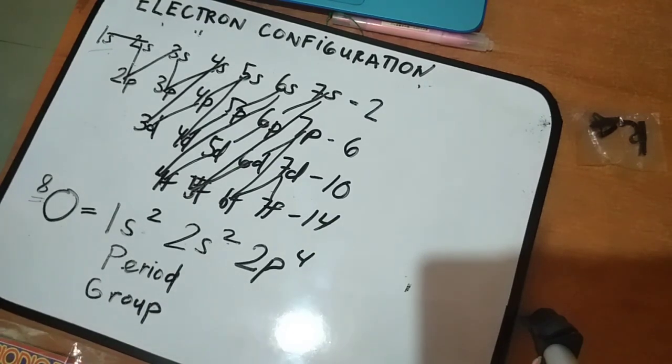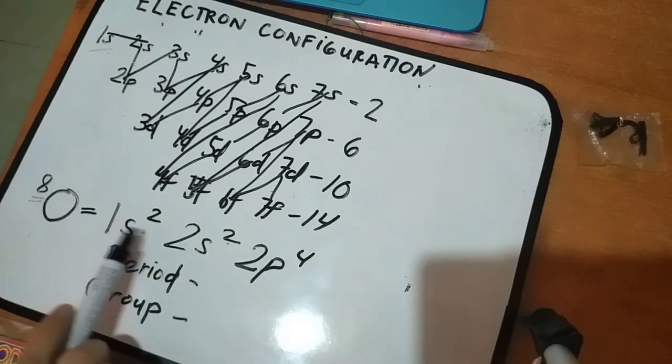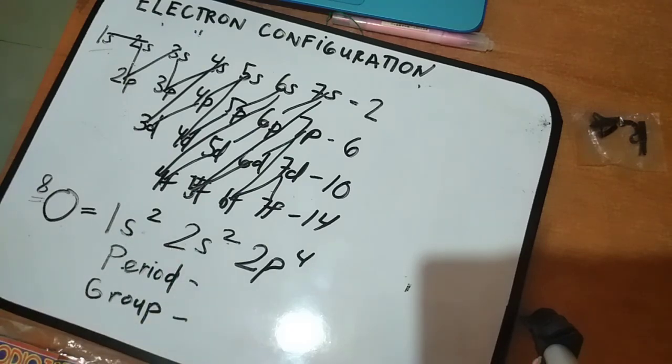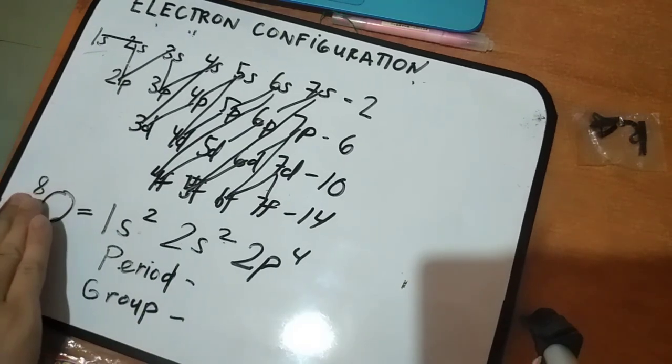How to get the period number? Madali lang. Para malaman mo kung anong period, look at the highest subshell na napili mo. Okay, na fill. So, dito, titingnan natin, ito ang lalabas dyan.